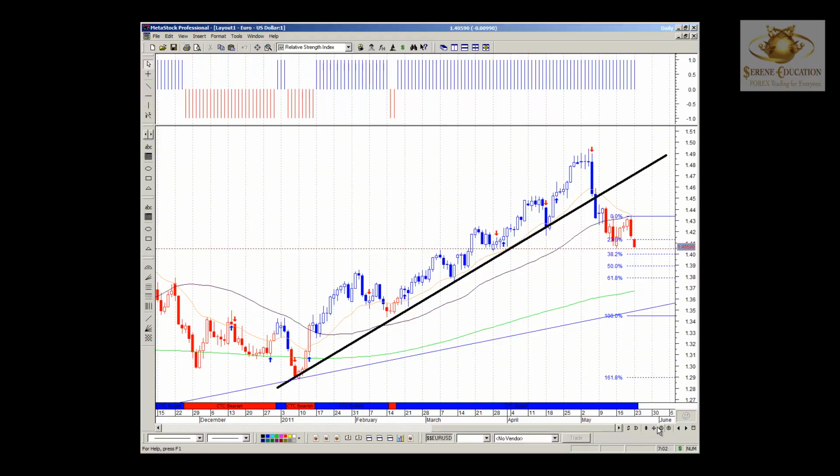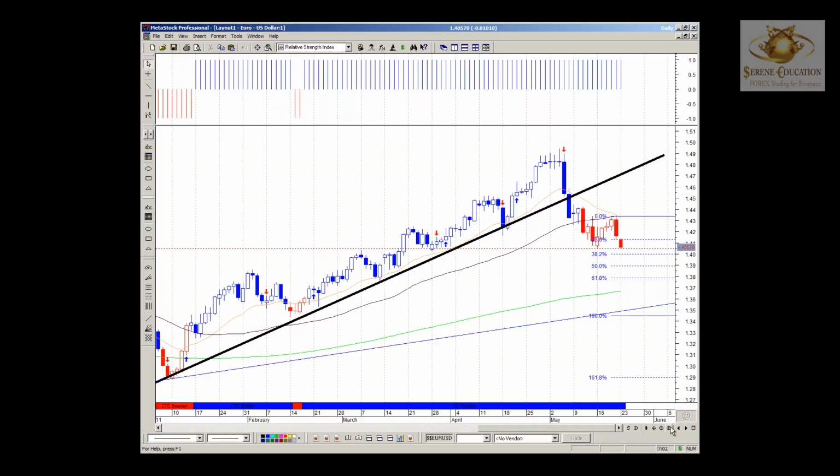Now, I've put in the major trend line, the most important support and resistance line, which is right at the level it's currently trading at the moment, at 14500. You'll notice that there's prior resistance back here in March.